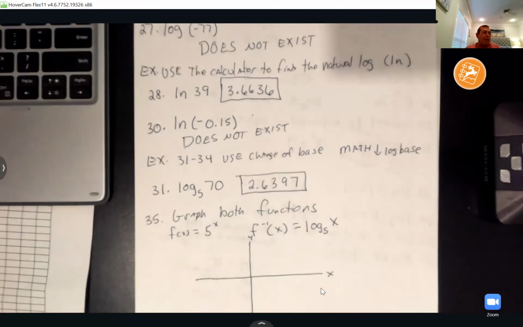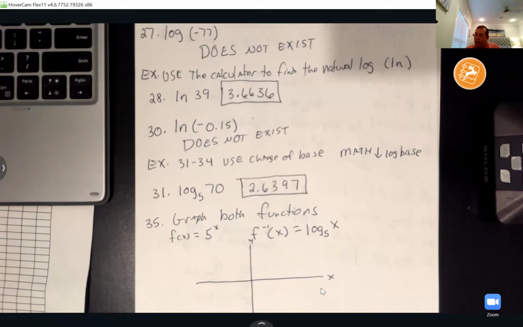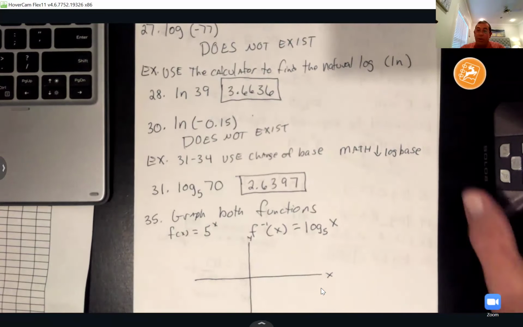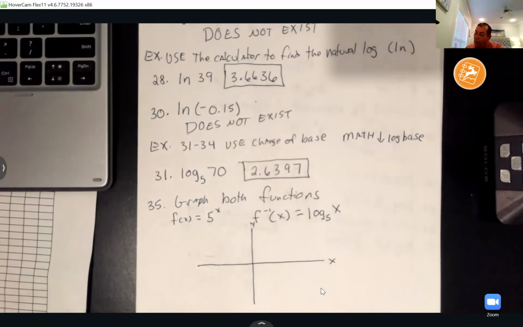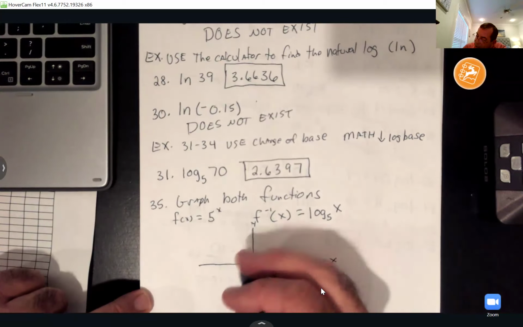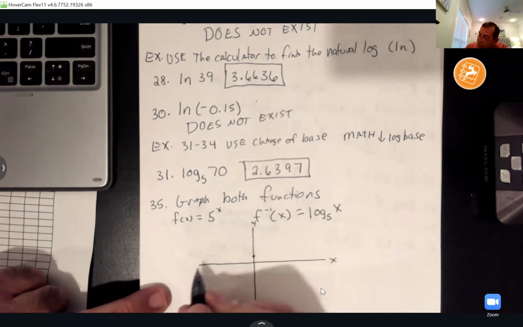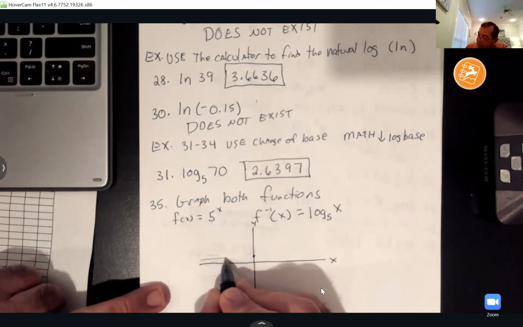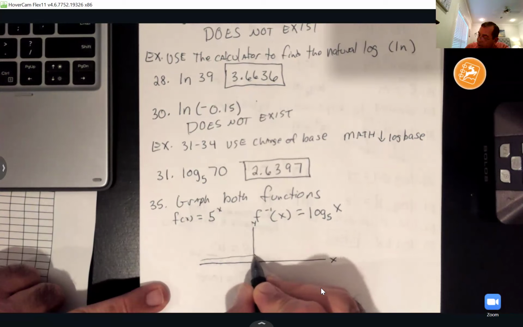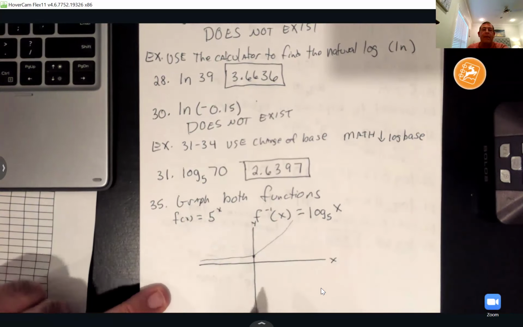Now, y'all, we know what these graphs are going to look like. We know what the exponentials look like, right? They sort of come across, go at 0, 1, remember? They come across, and the exponential is going to go uphill like that.